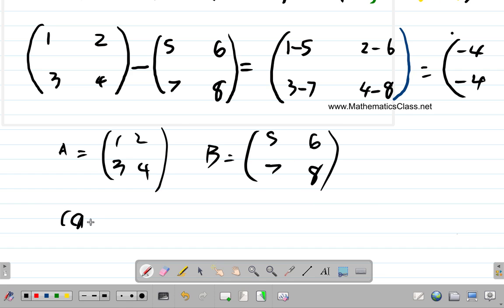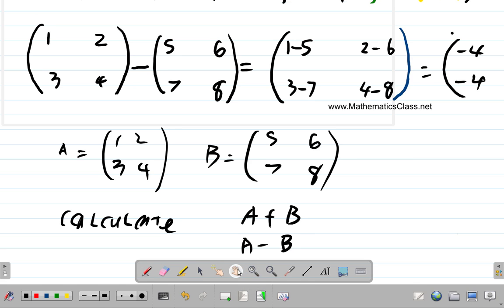Then say calculate A plus B. Then calculate A minus B. It means you should add matrix A to matrix B. Then matrix A minus matrix B. That's all. You see that?